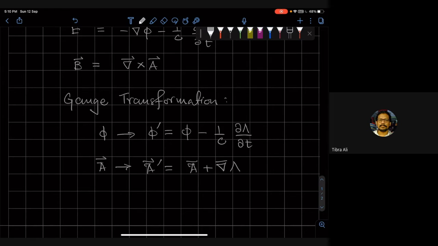So these are called gauge transformations. And sometimes this is called gauge symmetry.